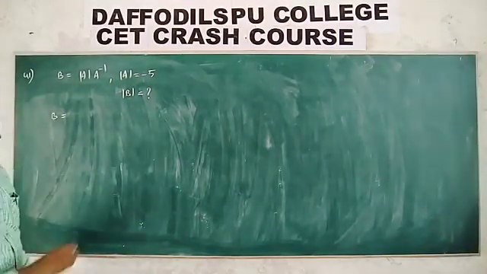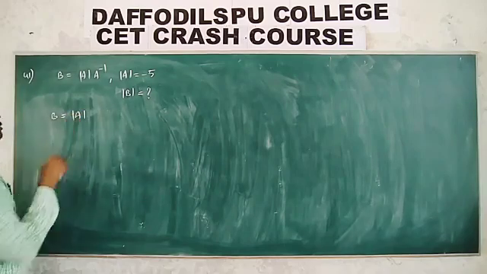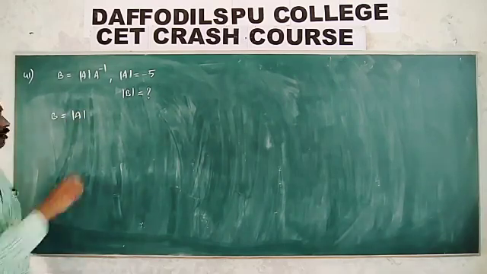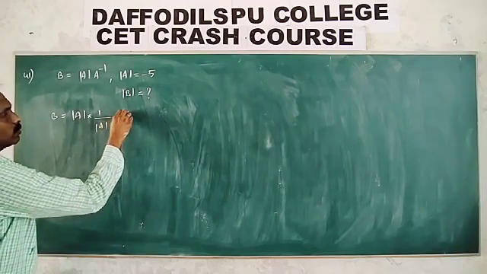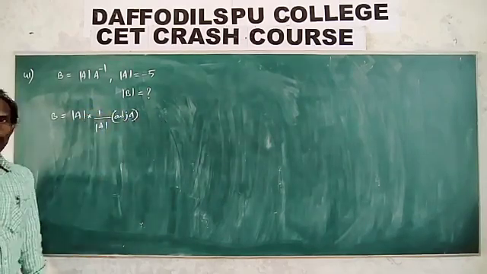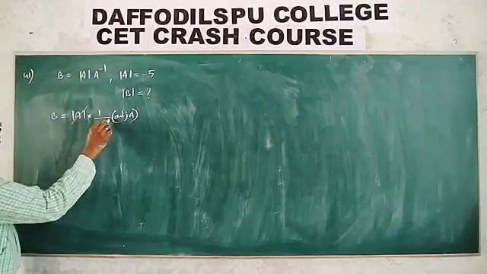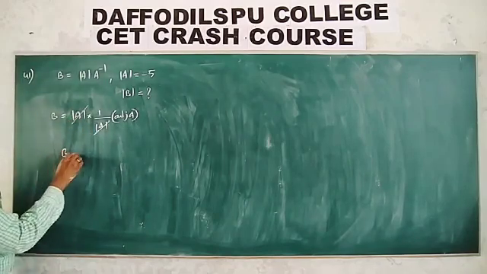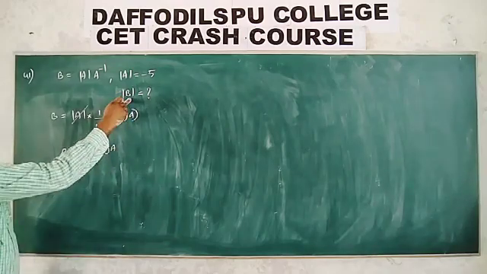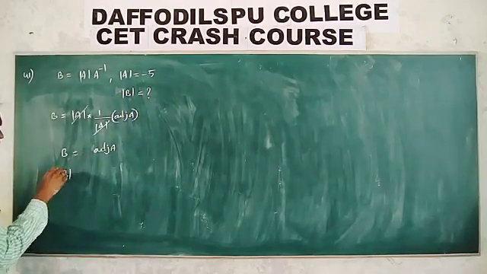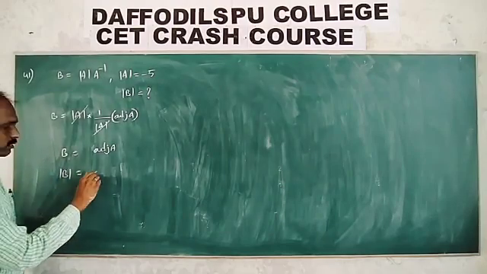B is equal to det A into A inverse. The formula for A inverse is 1 by det A into adjoint A. Det A cancels. B is equal to adjoint A. The question is the determinant of B. Determinant of B, take on both sides.